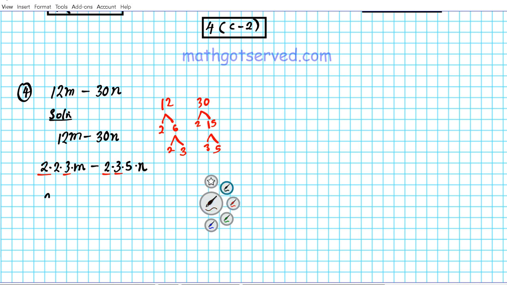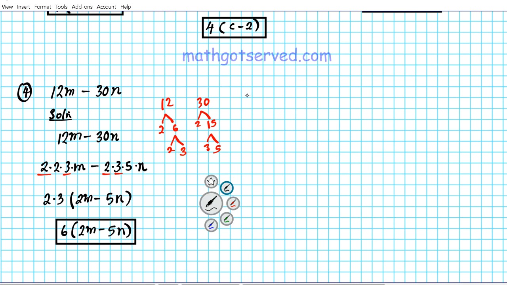So we have 2 times 3 on the outside, and then we're going to be left with 2m minus 5n. Okay, and then to simplify further, 2 times 3 is 6. 6 times (2m minus 5n) is the factored state here, and the GCF is 6. That's the greatest common factor that we could extract.